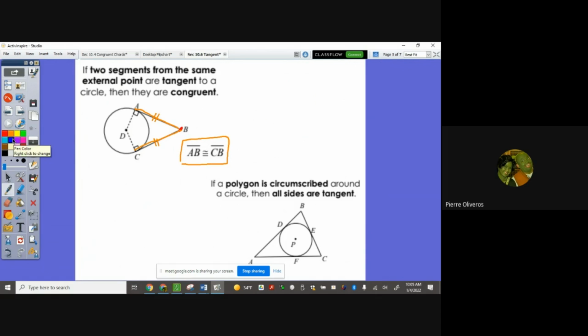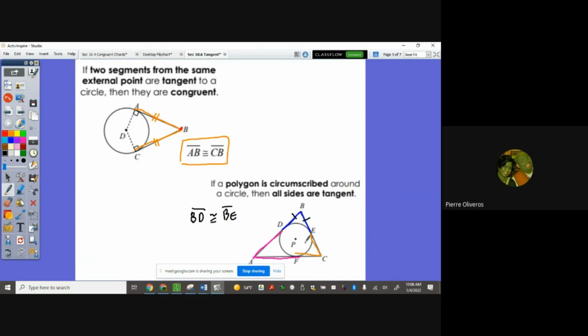Applying that concept, if a polygon is circumscribed, meaning the circle is inside of a polygon, then all sides are tangent. So if these are all tangent, AD and AF are tangent, and CE and CF are tangent to circle P. Therefore, we can say that BD is congruent to BE.